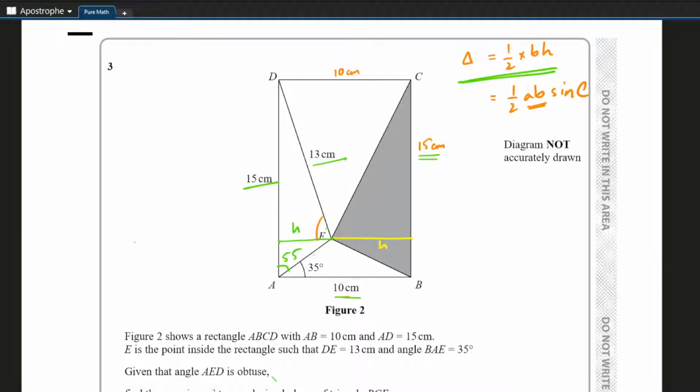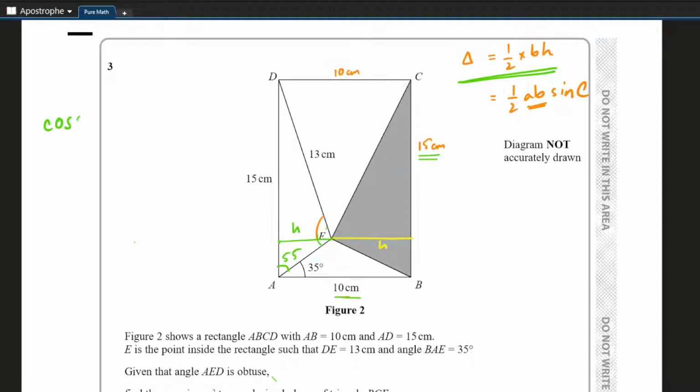Another way is we could use the sine rule, where we use this angle and the opposite side, and this side and the opposite angle. In order to find this angle, we need angle E. That's why we would find E. But if we use the cosine rule, we won't need that. So I think we can go directly with the cosine rule.